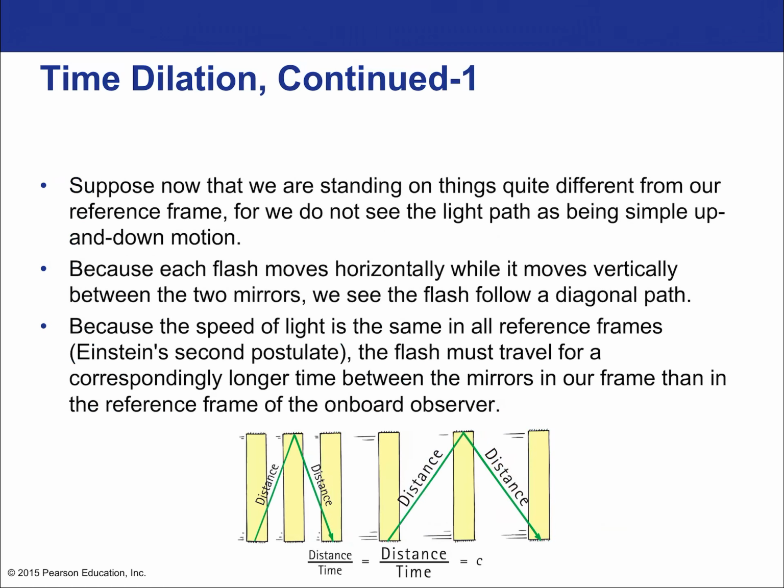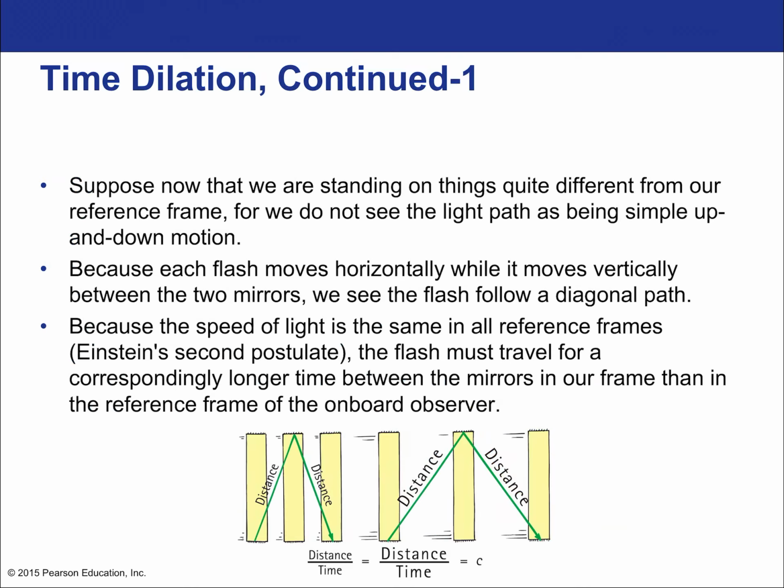So suppose now that we are standing on things quite different from our reference frame, for we do not see the light path as being simply up and down motion, because each flash moves horizontally while it moves vertically between the two mirrors. That's from the point of view of the person on the ground reference frame. We see the flash follow a diagonal path, as we said.